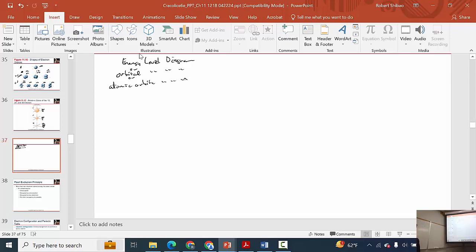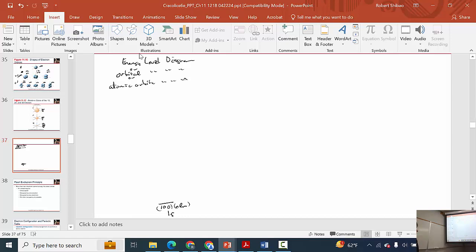The way we get it is by using the restrictions of the quantum numbers in the Schrodinger equation. And so the lowest energy orbital is going to be a 1, 0, 0. This is n, l, m. Or a 1s orbital. That would be the lowest.